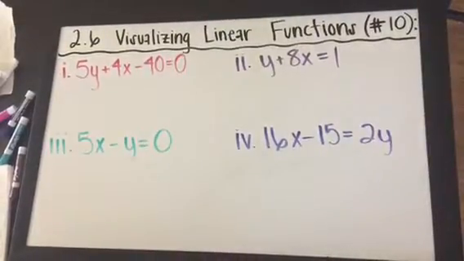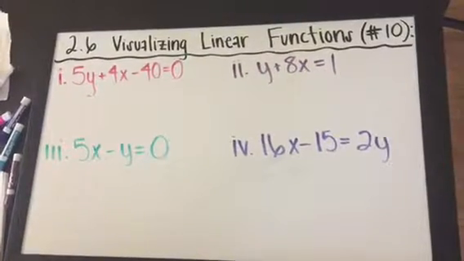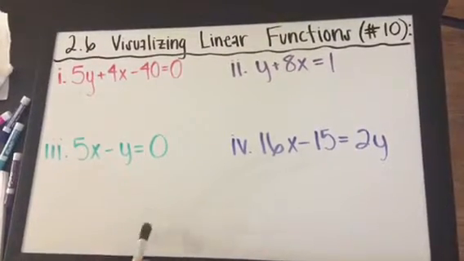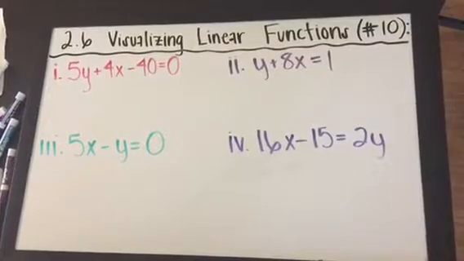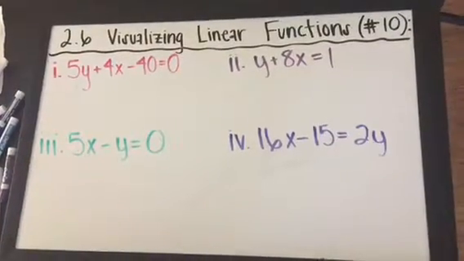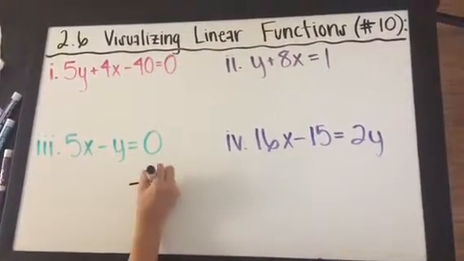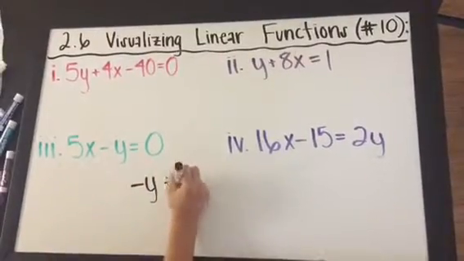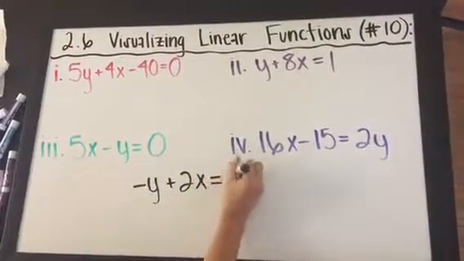Okay, so the first step in figuring out our questions is to solve our equations and get y by itself. An example would be negative y plus 2x equals 4.